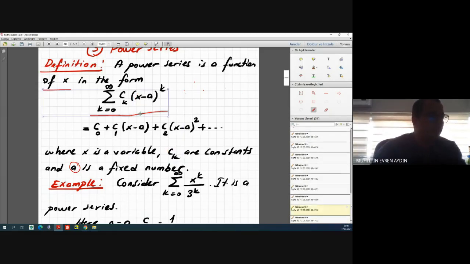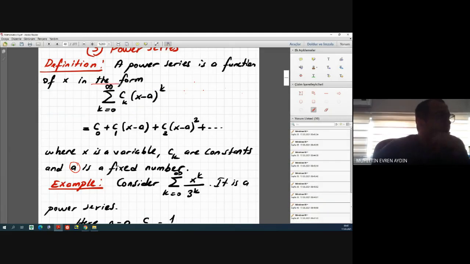By a power series, we have to know this format.